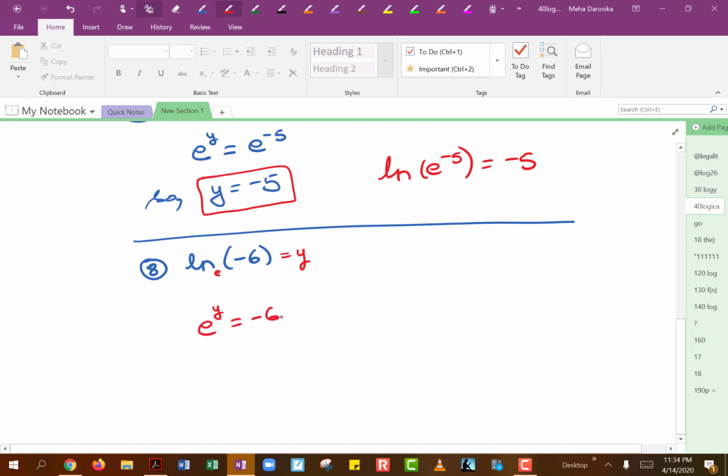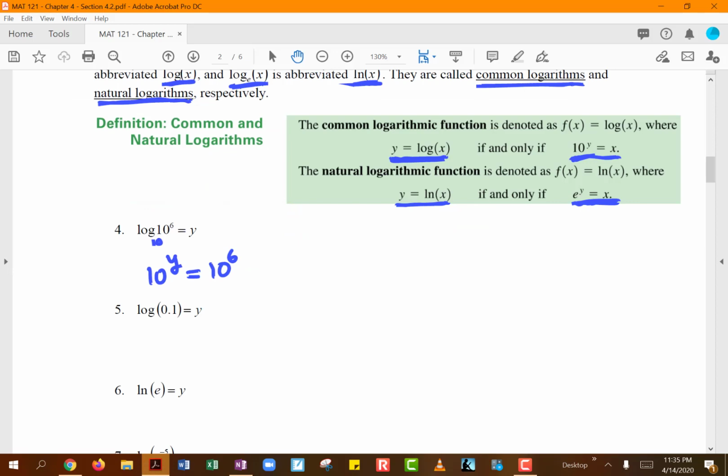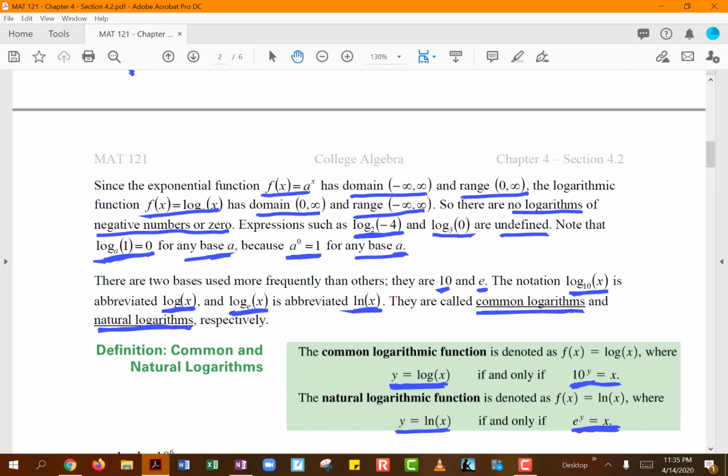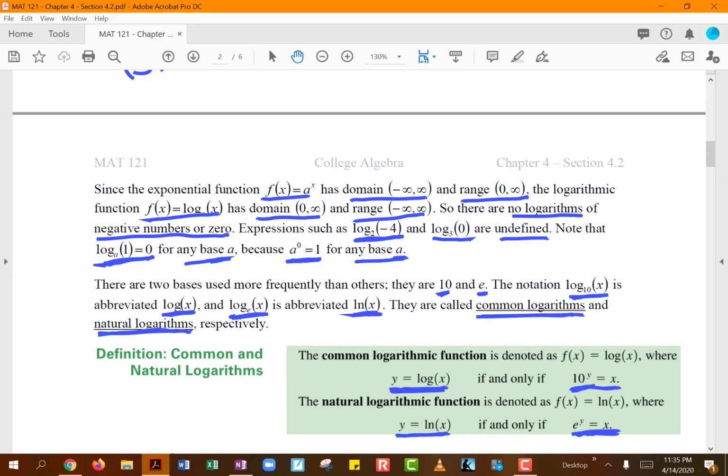But there's really no base e on this side, right? We just have the number -6. Now, if you actually go back and look at what we just talked about here, we said there are no logarithms of negative numbers or 0. So this will actually fail right here.